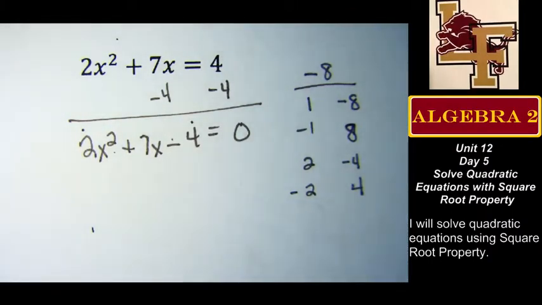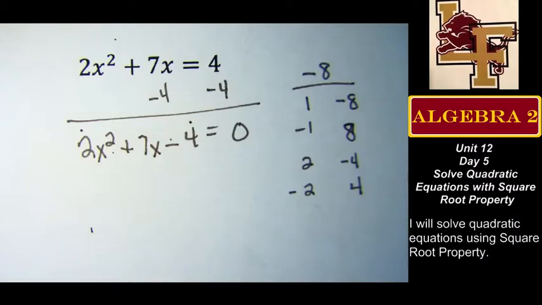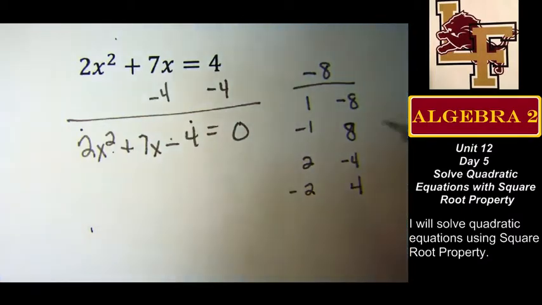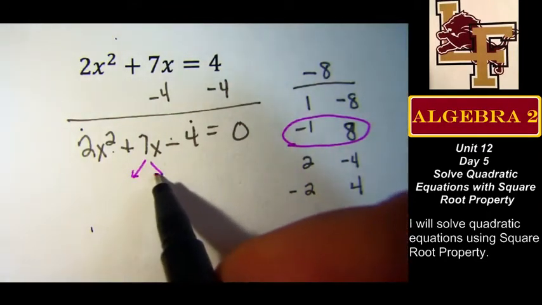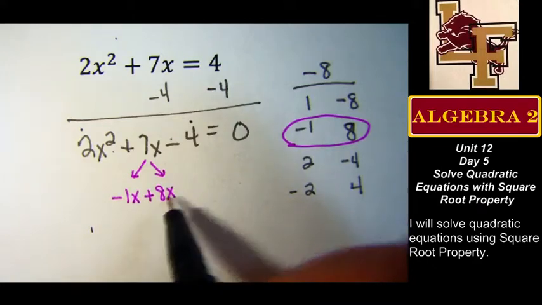Stop. Where's my factor pair? How'd I get the negative 8? I took 2 times negative 4. What was the factor pair for positive 7? Negative 1 and positive 8. Right there. So I'm going to replace the 7x with a negative 1x and a positive 8x.